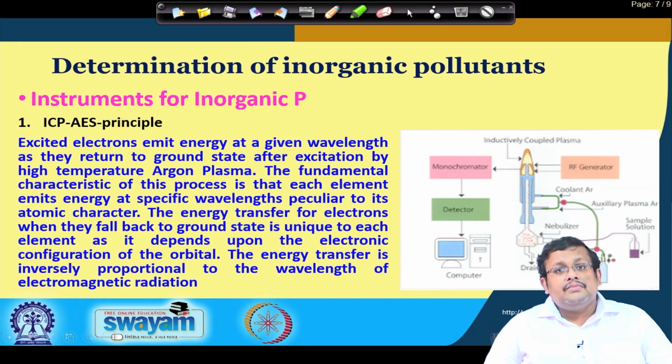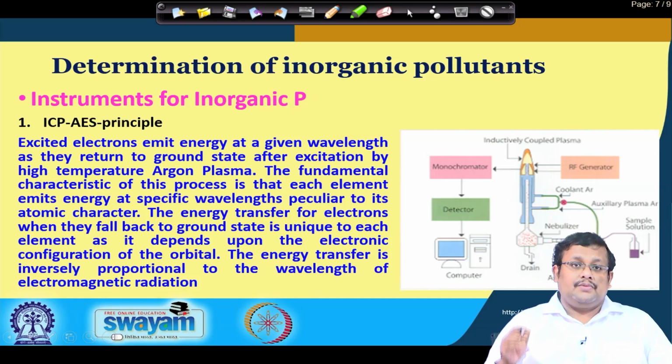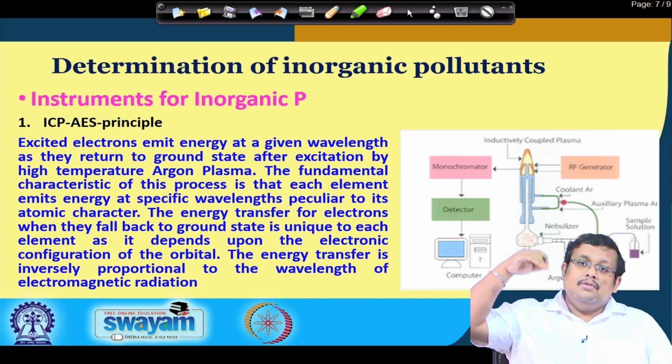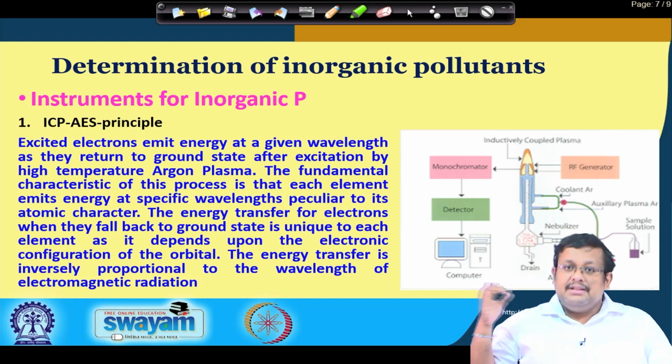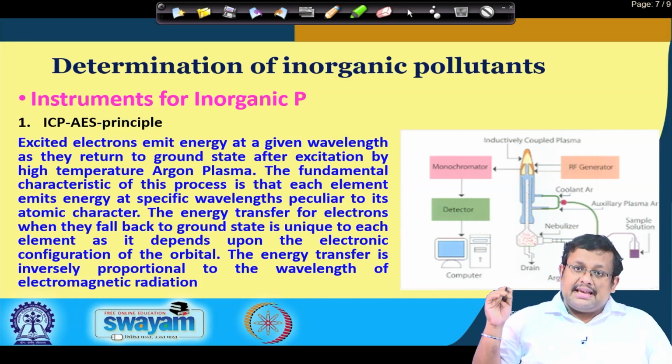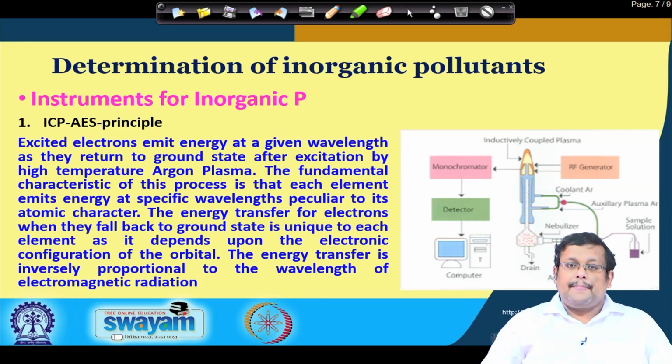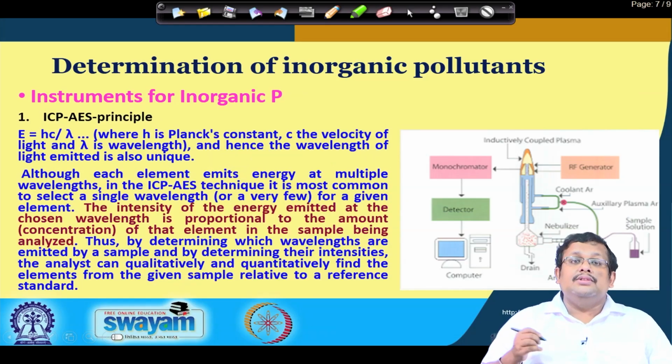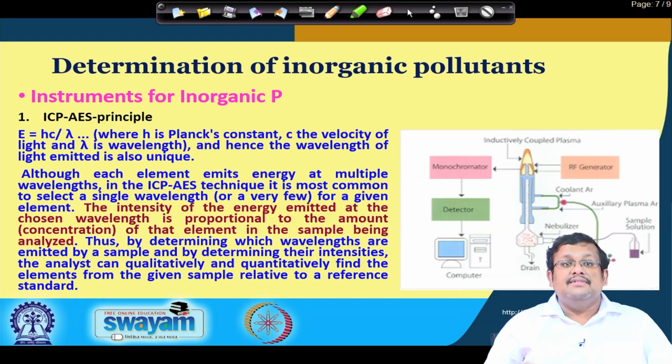Now, we all know that the excited electrons, when they move back to their ground state, they emit some energy, and this energy emission goes at a particular wavelength of light. Now, we all know this equation, that is E equal to h c by lambda, where h is the Planck's constant and c is the velocity of light and lambda is the wavelength.